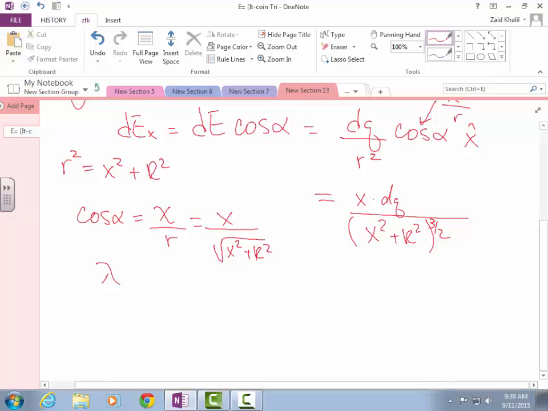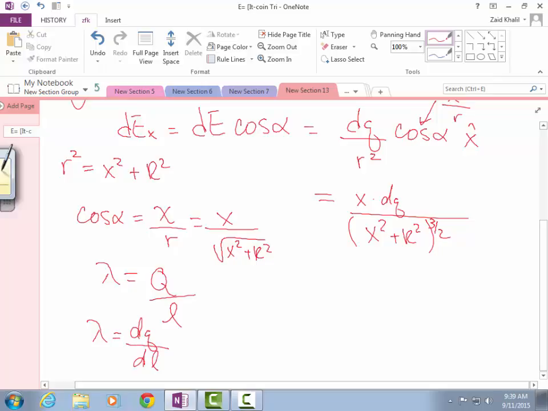And what is lambda defined as? Charge per unit length. More specifically, lambda is equal to dq/dl.